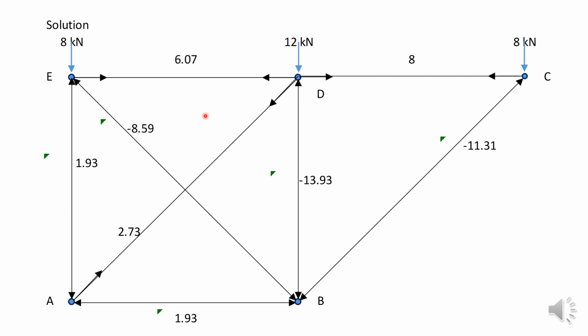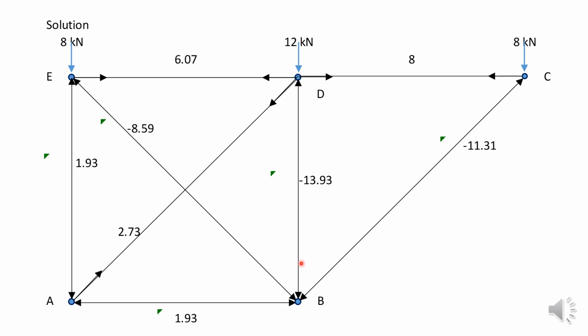So here is the entire truss. I've included the joint C also. And I've given the forces here in decimal form. It's probably easier to get a sense of the size of these forces.